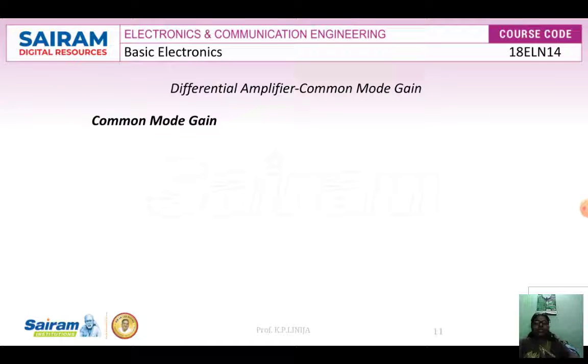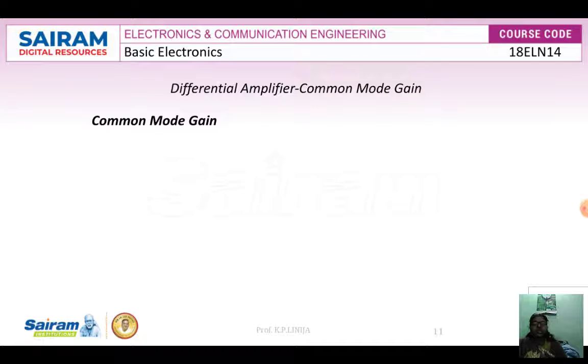Coming to the next, the common mode gain. Here, if we apply two input voltages which are equal, that is V1 is equal to V2, then ideally the output must be 0.